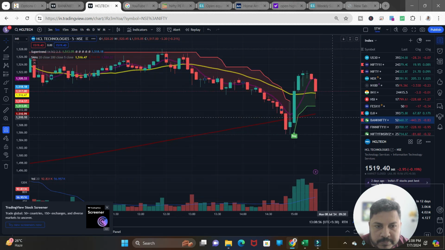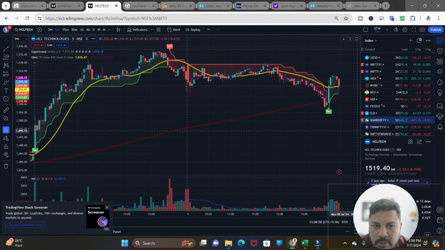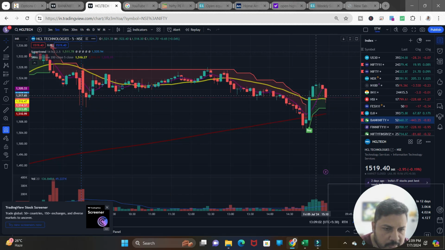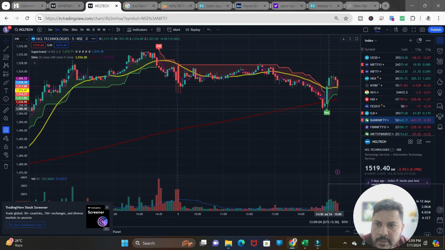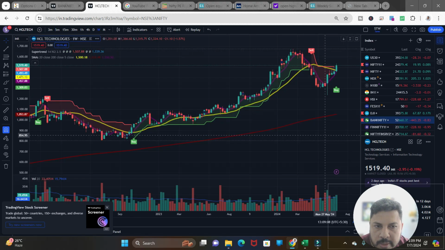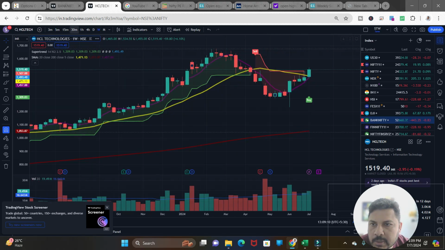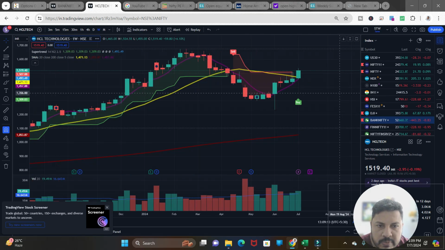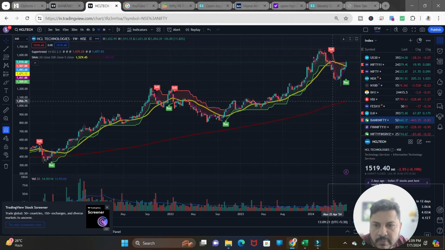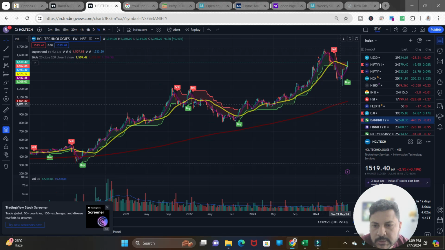So HCL actually bounced from the 200 period moving average, and it gave a breakout on the 14 period super trend on a weekly time frame, is what we need to look at. On the weekly time frame it gave a good bounce and it is giving a breakout, so it is still in an uptrend, which is good for you. So you can actually invest in HCL Technologies.